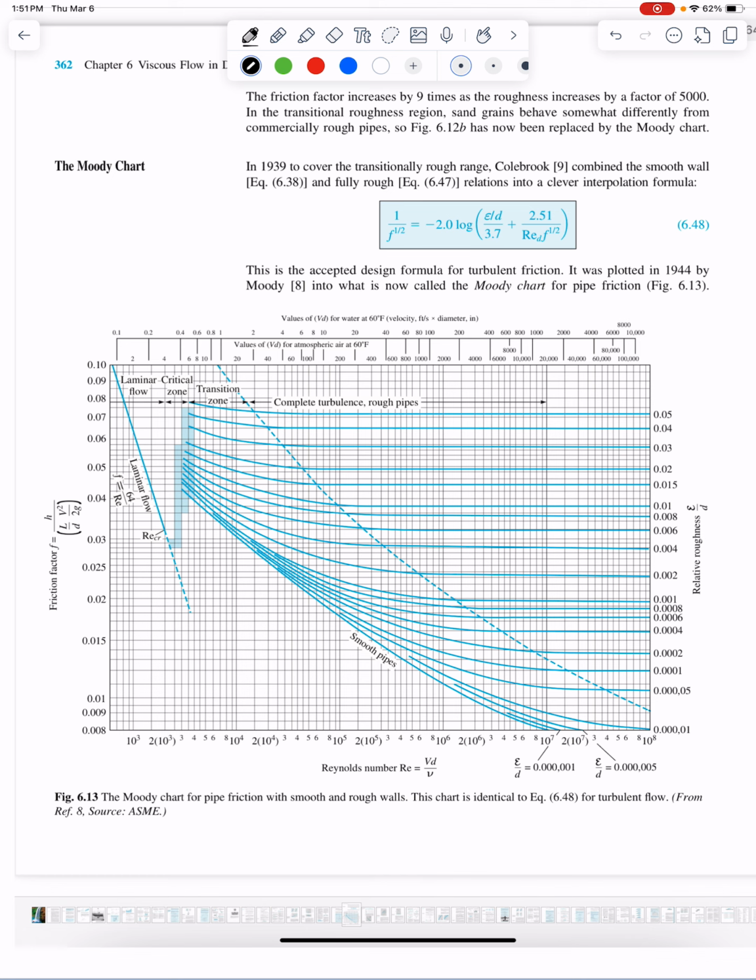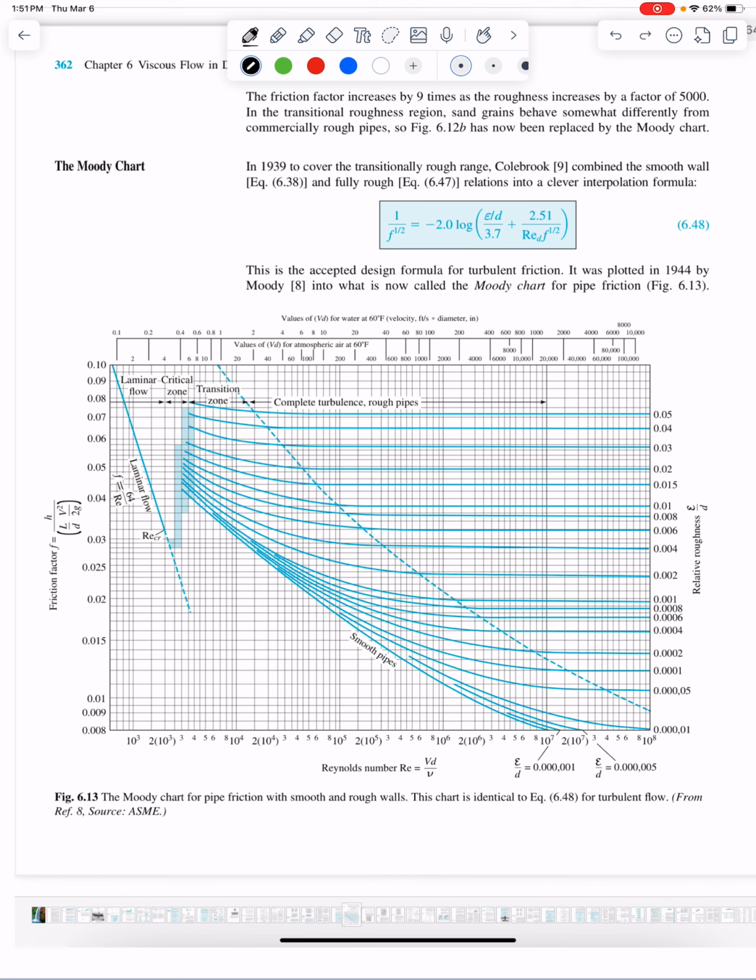The x-axis, your Reynolds number, is the flow characteristics. How fast is the flow? How viscous is the flow? High viscosity means a lower Reynolds number, which refers to either a slower flow or higher viscosity, and that refers to more friction, because at these lower values you have higher values of F. At a higher Reynolds number, which means faster flow and lower viscosity, we obtain lower values of F. And F is the left-hand side.